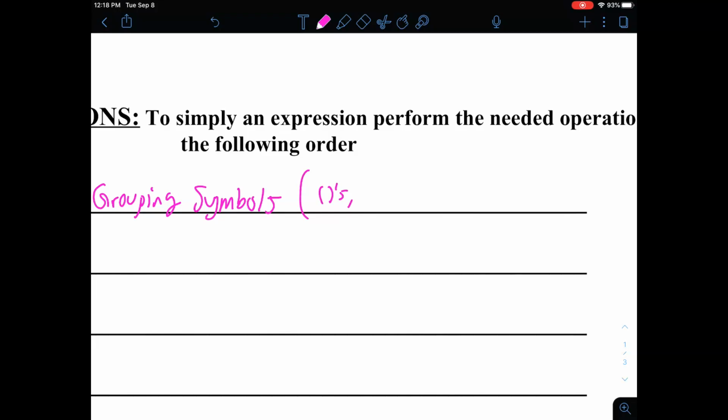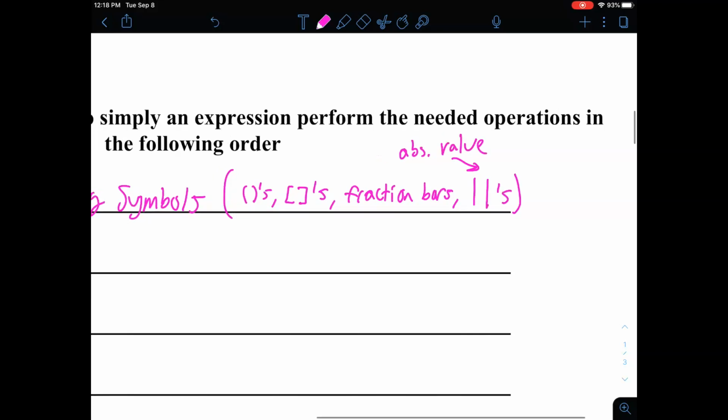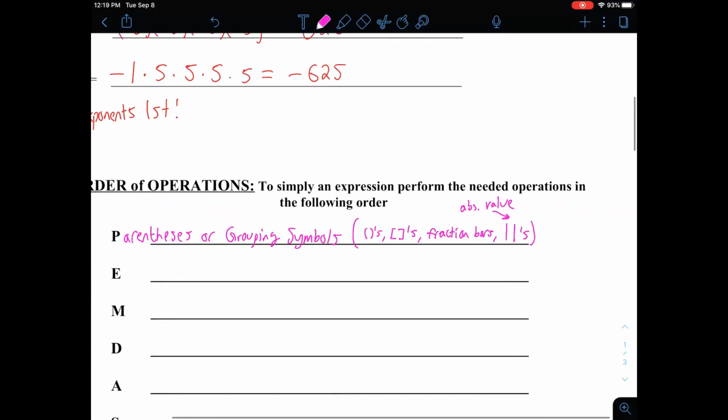Anything else? I got 3 more. See if you can figure out what they are. I got brackets. I got fraction bars. What's the last one? What is this symbol right here? This is absolute value. Okay, those are the main grouping symbols. There may be other ones that apply later, but for now we're going to stick with those.